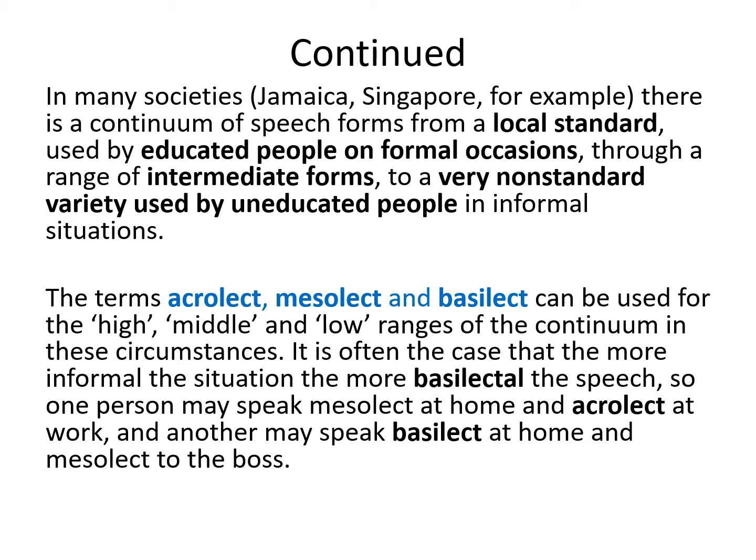Regarding accents and varieties, there are some terms that we need to understand. There are basically three terms: acrolect, mesolect, and basilect. These are the different varieties. Acrolect means a standardized variety, and mesolect means not a very bad accent or pronunciation, but not very good or excellent either, in the midway.